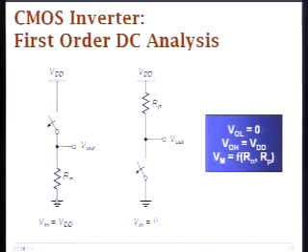And then your V out will be equal to 0 after some period of time when the transients settle. Similarly, when V in is equal to 0, then NMOS is turned off, and PMOS is turned on, and then you have steady state at V out equal to VDD, that is your VOH.